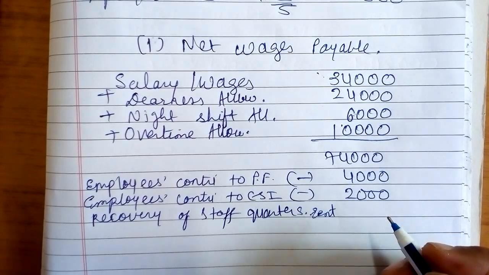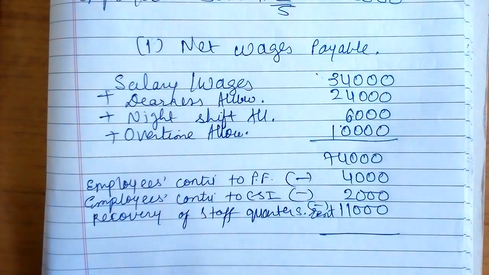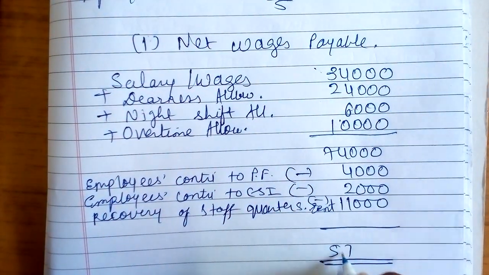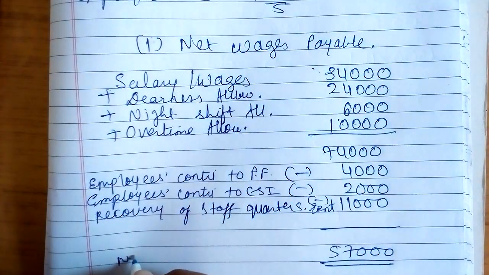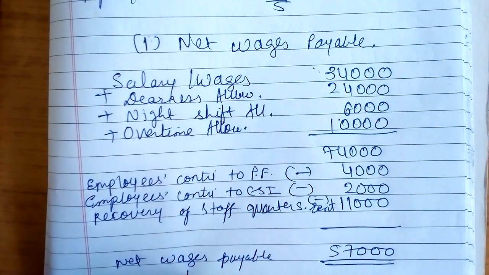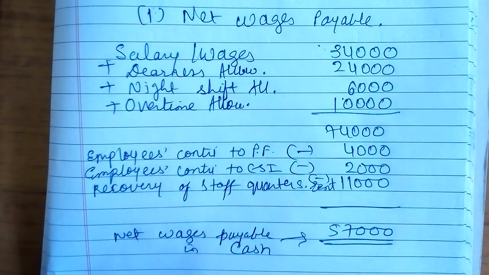It was 11,000, right? So all these things would be deducted from the same. So 74,000 minus 4,000 minus 2,000 minus 11,000. So the net wages payable in cash is 57,000. Right? This is the answer of net wages payable.